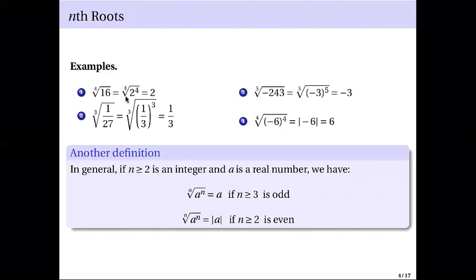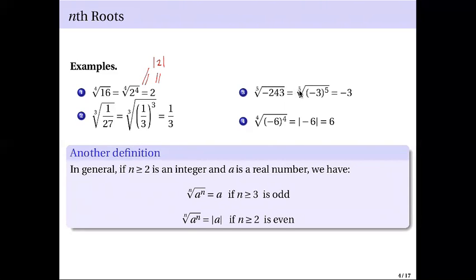N is even, that's equal to 4. So roughly, if we follow that definition, this must be equal to the absolute value of positive 2. But this is already positive, so we just have that positive 2 in here. Here, 3 is odd, so they just canceled. We just copy 1/3.